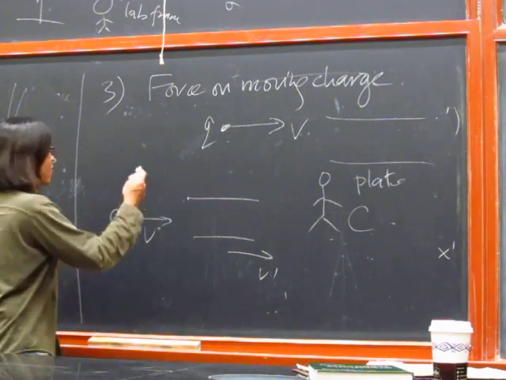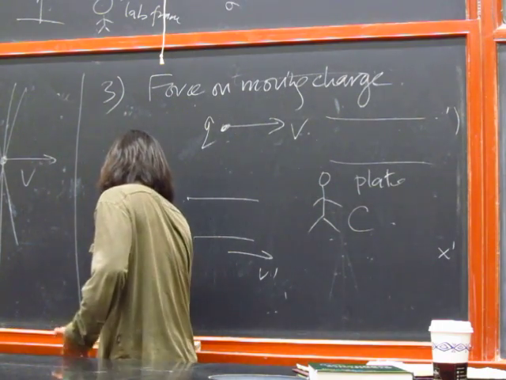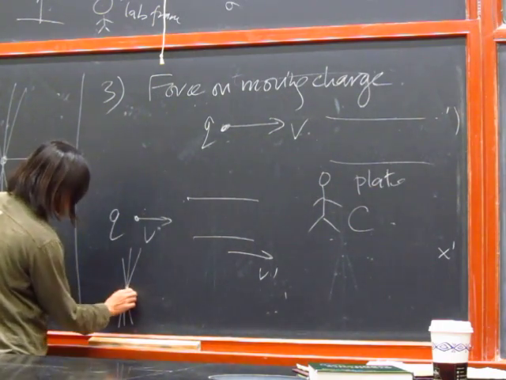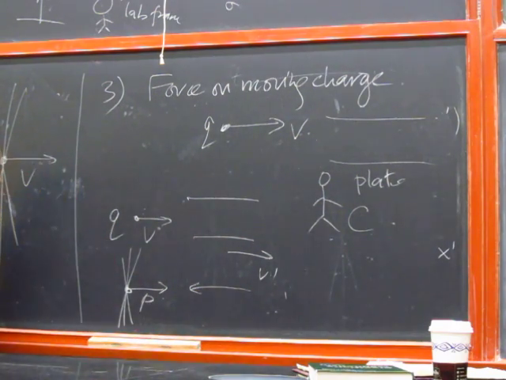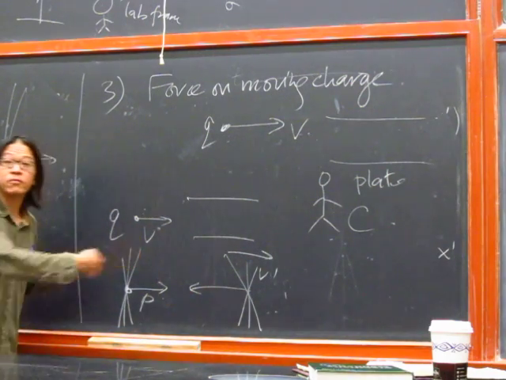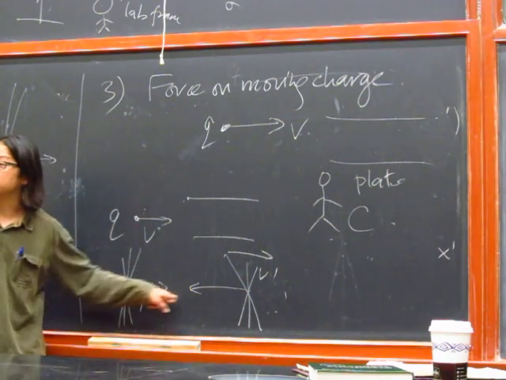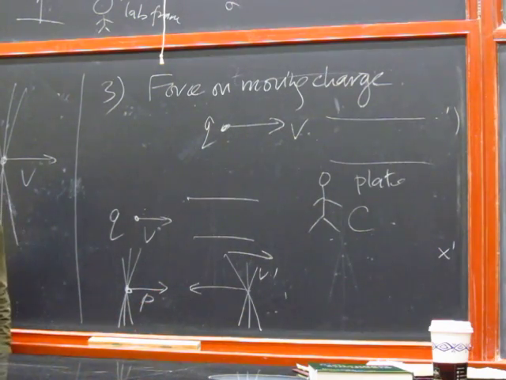Or say, if I have two of these pancakes, a proton, say in the Large Hadron Collider, colliding with another proton, approaching one another, what's the force between the two? That's what we want to calculate next.